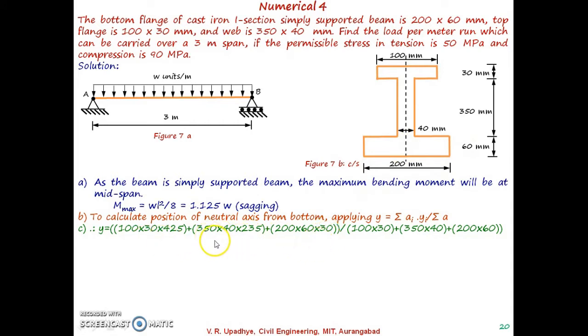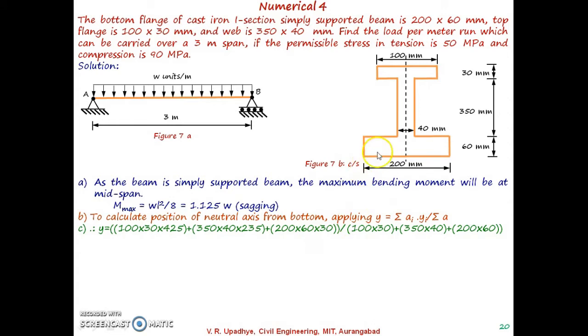So A1y1 plus A2y2 plus A3y3 is written over here: 100 into 30 into 425, this is A1y1, the top rectangle from bottom, plus A2y2, 350 into 40 into 235, plus then A3y3. A3 is 200 into 60 into y3, that is 30.